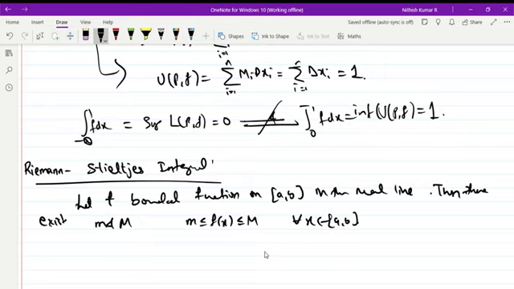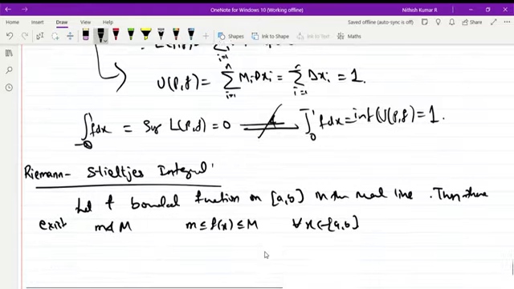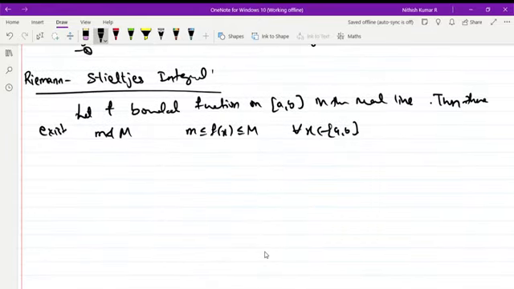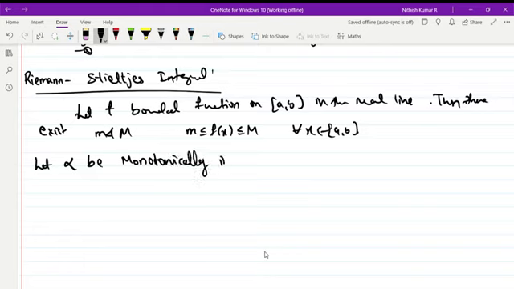Now introducing one more term with the Riemann integral, a new term: let alpha be a monotonically increasing function on the closed interval a comma b.